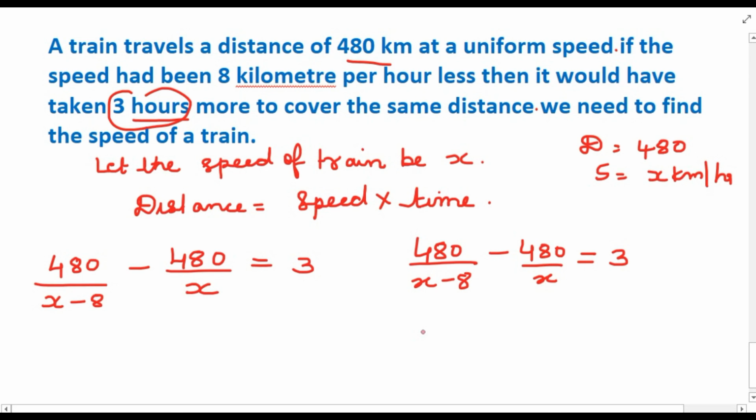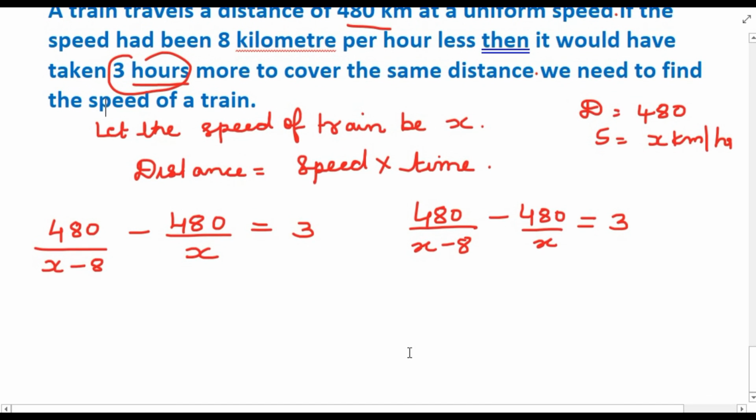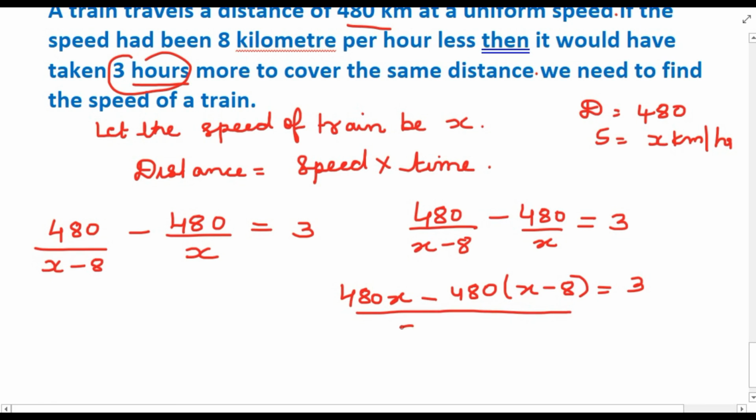Now you need to find out the LCM. You need to make it in the form of a standard quadratic equation. So when you take the LCM, 480x minus 480 into x minus 8 is equal to 3 divided by x into x minus 8.